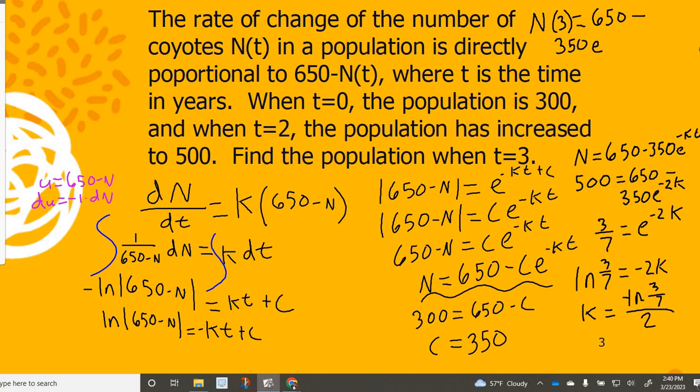Yeah, so we would get positive natural log of 3/7 divided by 2 times 3. And then we would plug all of that into our calculator and we get approximately 552 coyotes. Is that rounded down? I would have to double check my calculator.